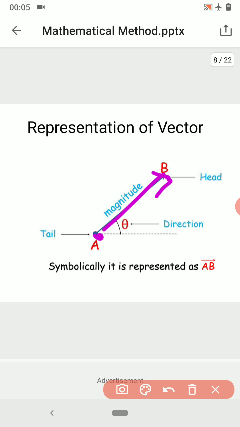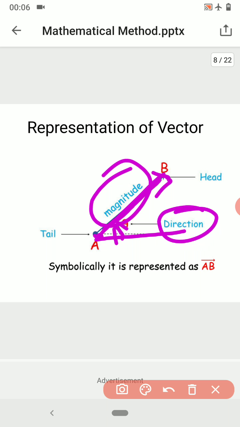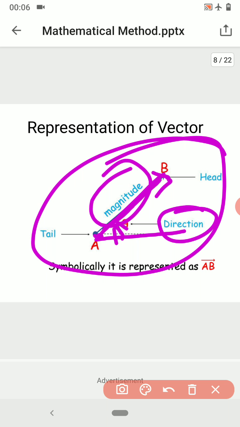Point A is called the tail, B is called the head, and between A and B a line is there. That line is called the magnitude. And if it makes some angle with the horizontal, then that theta gives you the direction of the vector. So this is the symbolic representation of the vector.